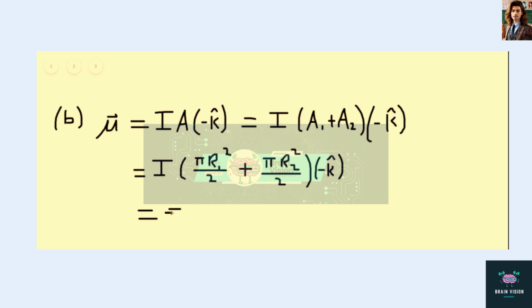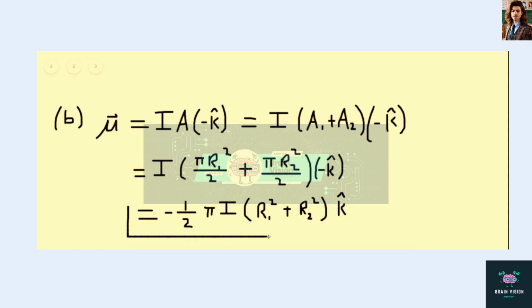So we have negative 1/2, the 1/2 from the 1/2 pi r squareds, times pi times I, and then this is multiplied by r1 squared plus r2 squared, and then this is in k hat. So I pulled the negative from the k hat out front, so we can box this in as our solution to part B.